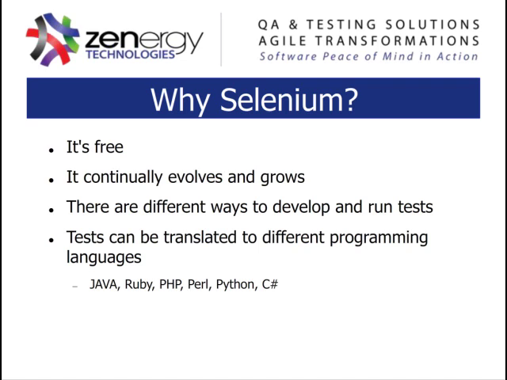The main reason is there is a lot of traction between the development team and QA team that utilize Selenium. And the main thing is it's free, and it's continually evolving and growing. What that means is whenever there's a new technology or a new way of doing things, people are figuring out a way to build frameworks that will interact with those objects.